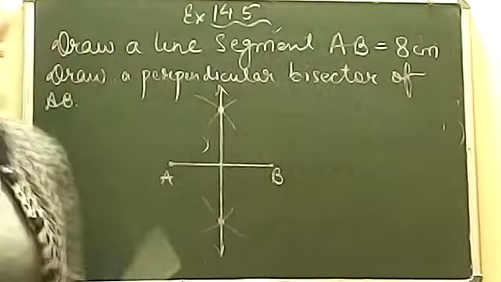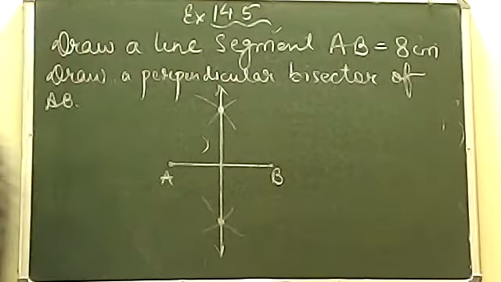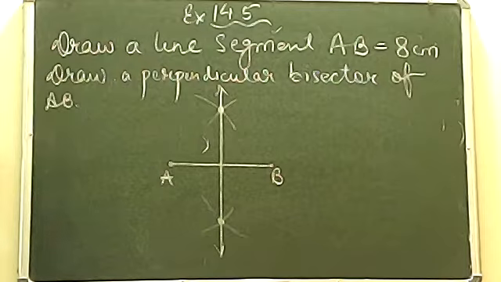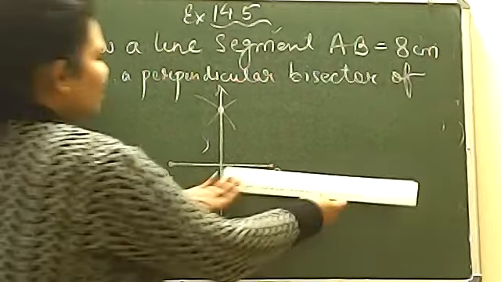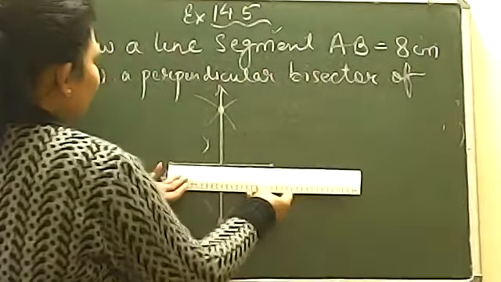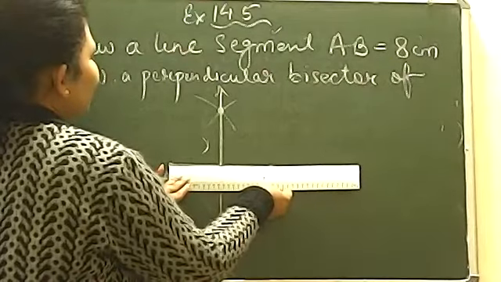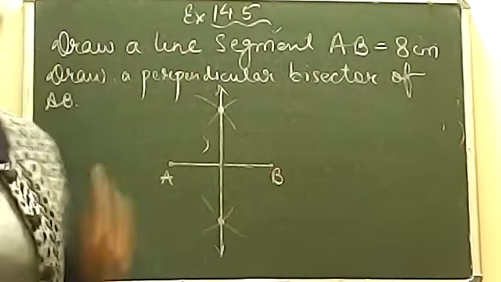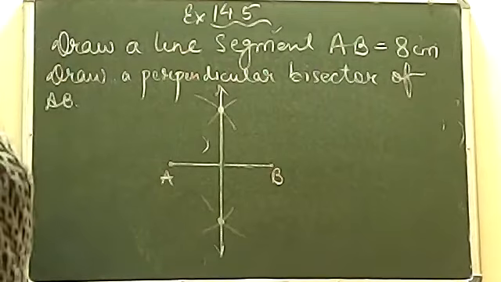Okay. Now please cross check this, that whether you are getting both the sides 4 centimeter or not. If you are getting both the sides 4 centimeter, that means you are doing it exactly right. I am getting exactly 4 centimeter this side, 4 centimeter this side. So my diagram is absolutely correct.